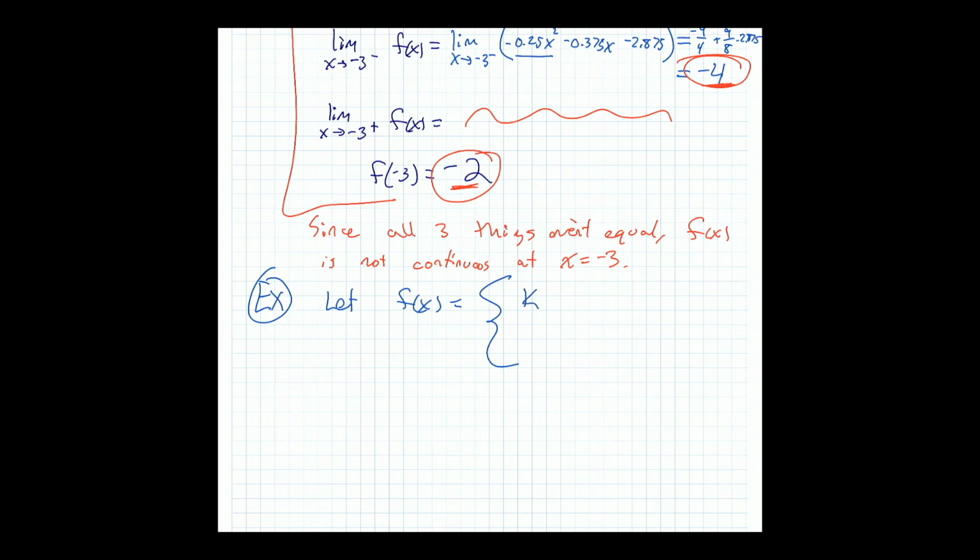I'm going to go k minus 5x if x is less than negative 1, and kx plus 9 if x is greater than or equal to minus 1. Okay, and what they want is for you to find k to make this continuous.